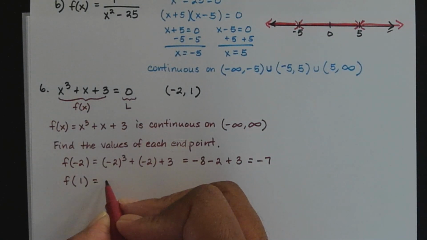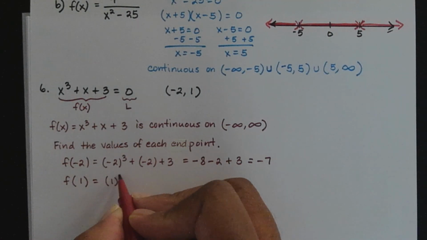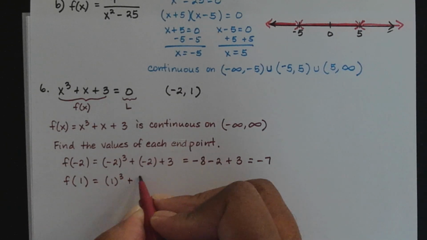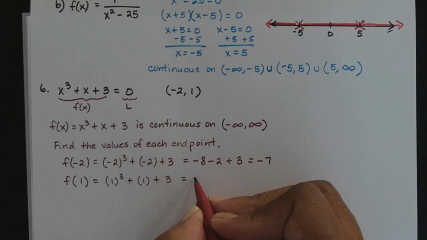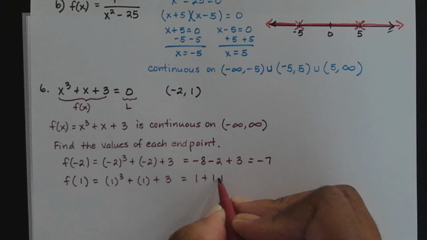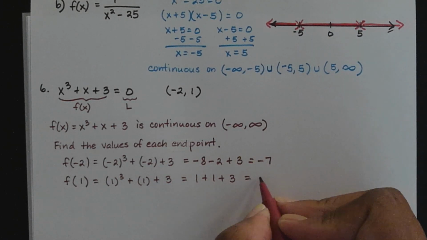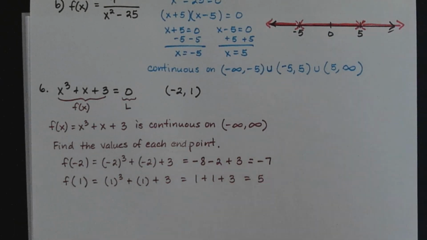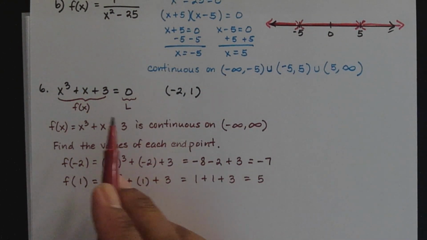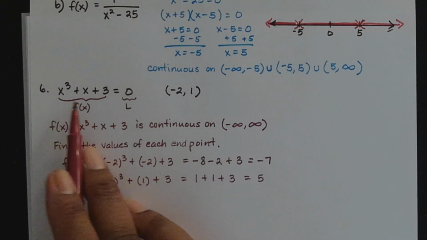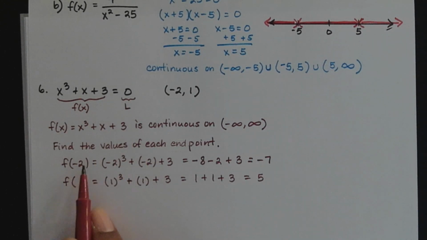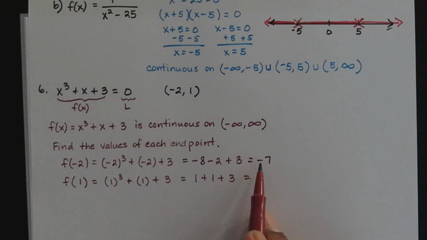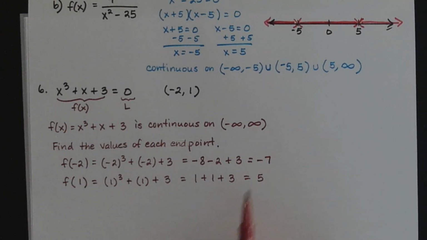And then for f of 1, simply replace each x in that function with 1. Well, 1 cubed is 1, plus 1, plus 3 is how much? 5. Now, this is equal to 0, and I know f of negative 2 is negative 7 and f of 1 is 5.